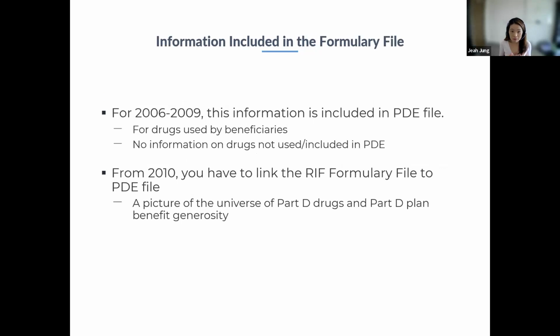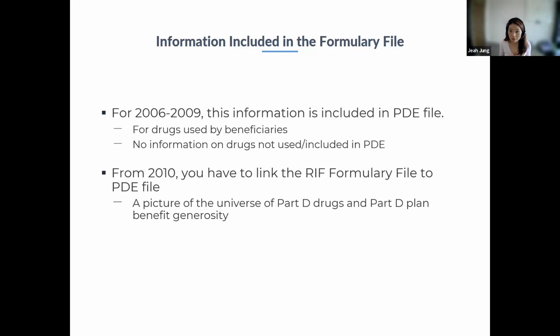Now, as Stephanie said, you can have the researcher identifiable formulary files from 2010, so you might wonder, what happens between 2006 and 2009? For those who are using earlier years of data, this information on utilization management or tier ID was included in the PDE file.